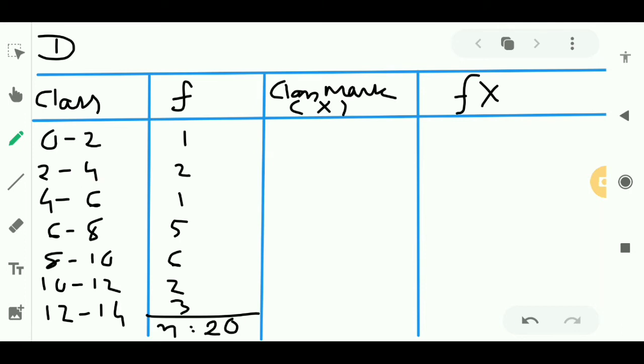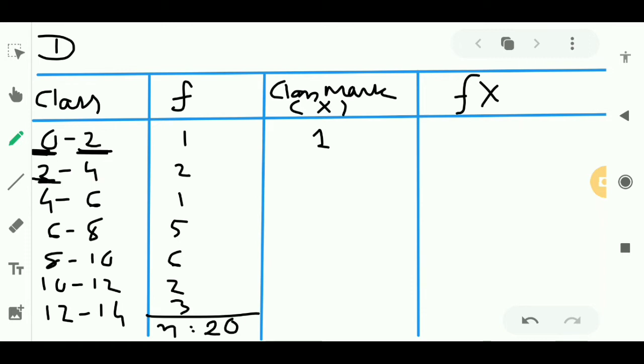Now class mark, how to find out? Look at the class. The first is called lower limit and second one is called upper limit. Then lower limit plus upper limit, and 0 plus 2 divide by 2. 0 plus 2 means 2. 2 divided by 2 means 1.